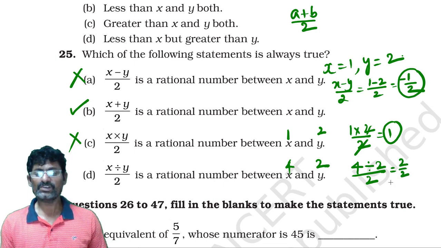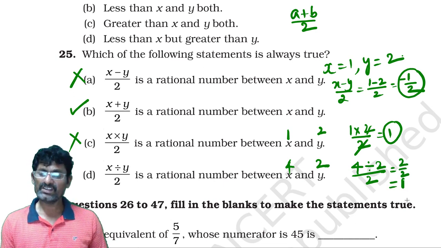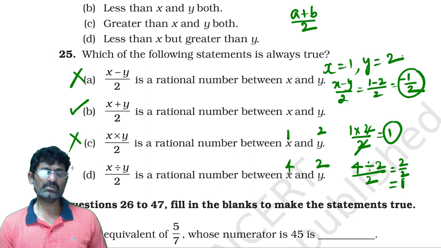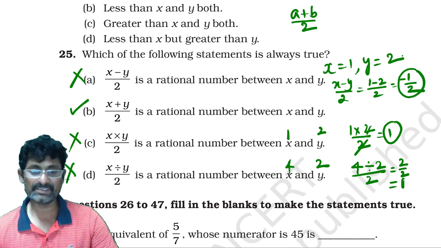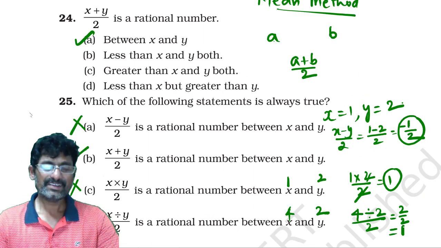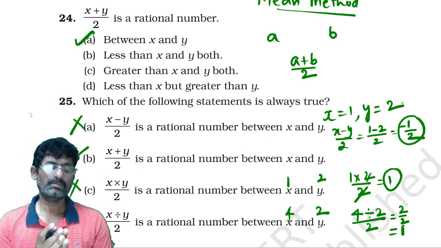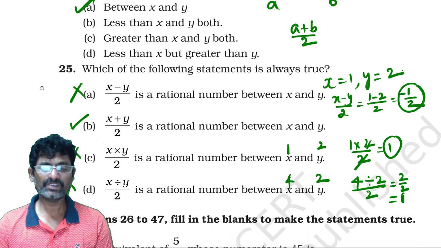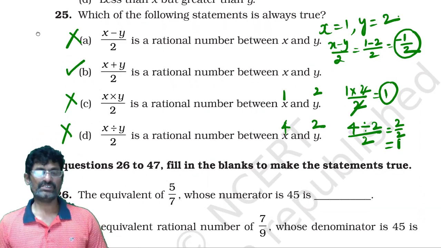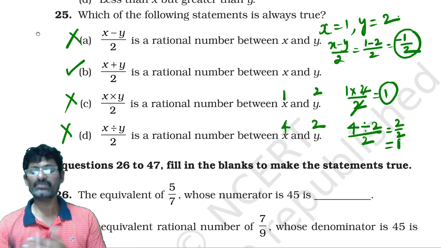So 2 by 2. 2 by 2 equal to how much? 1. So 1 is not in between x and y. So option D is also not correct. Okay children, in this class we finished 25 multiple choice questions. Next we have fill in the blanks questions. Let us do fill in the blanks question in our next video.